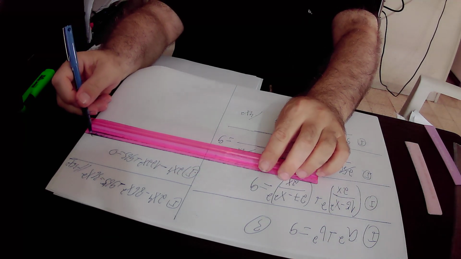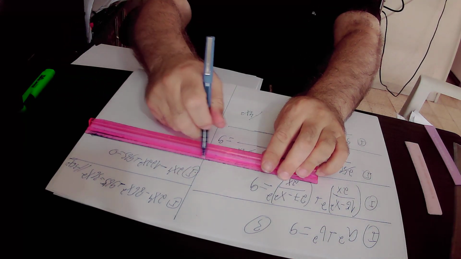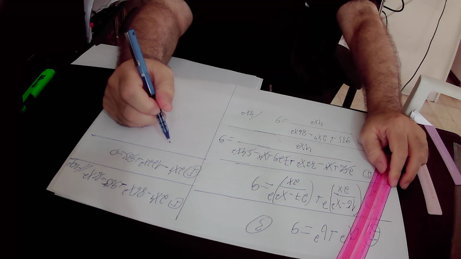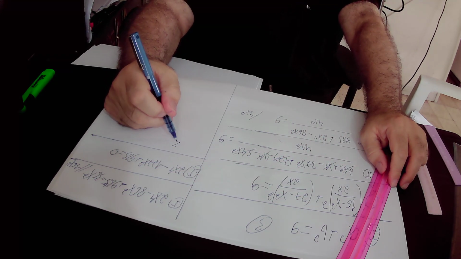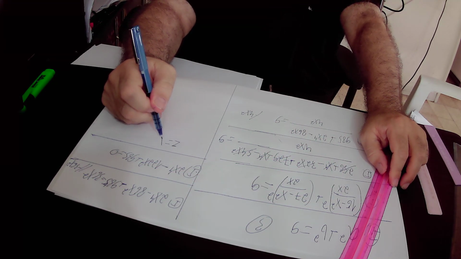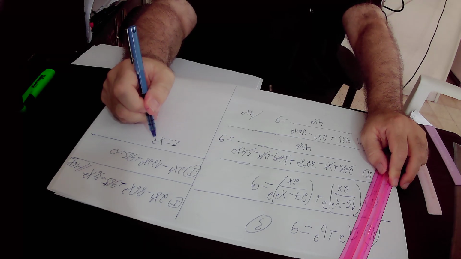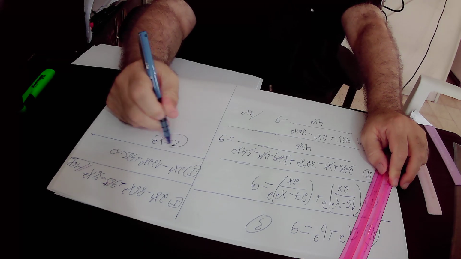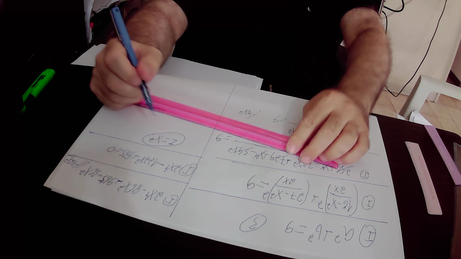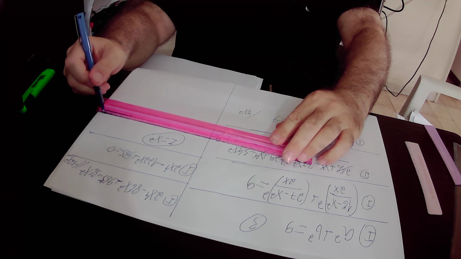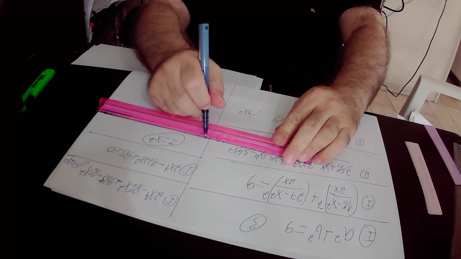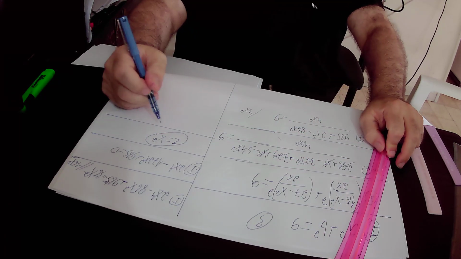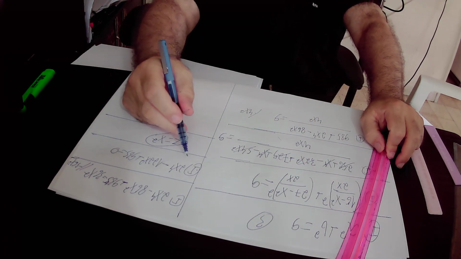So here we define z as x squared, z equals x squared according to our definition. So if z equals x squared, it means that z squared will be equal to x to the power of 4.